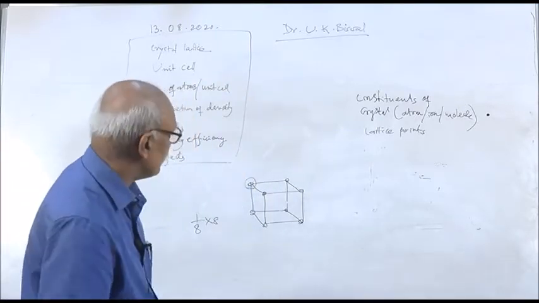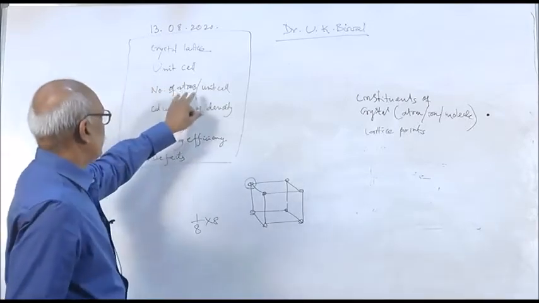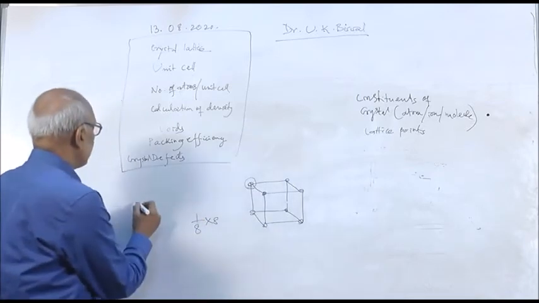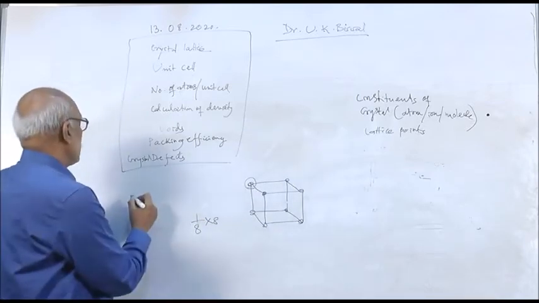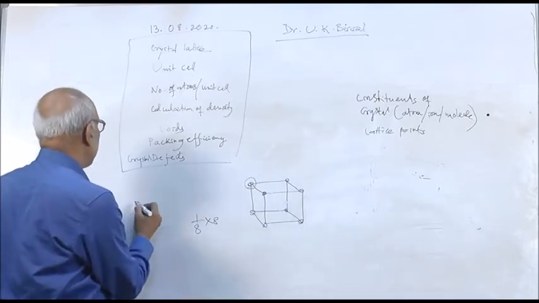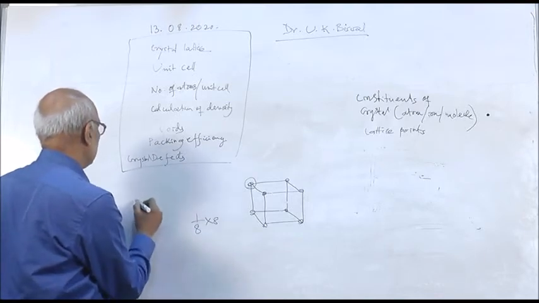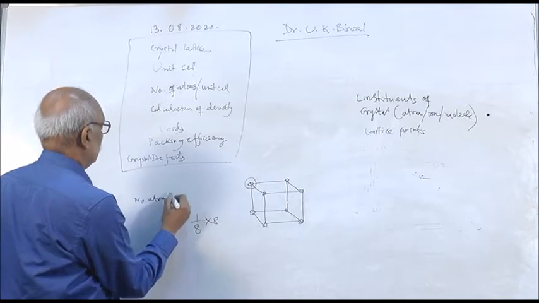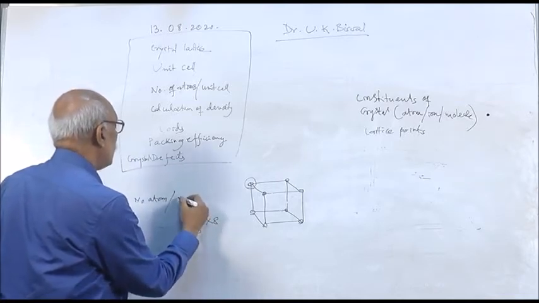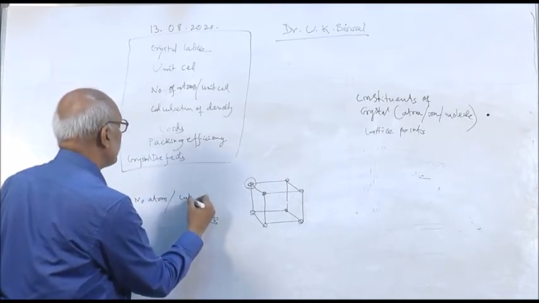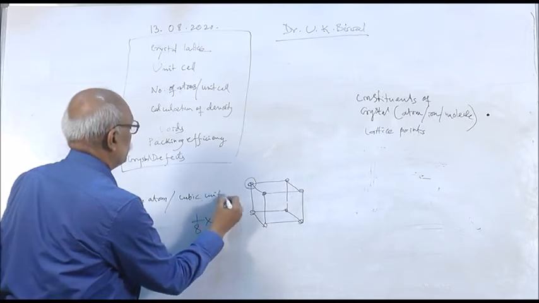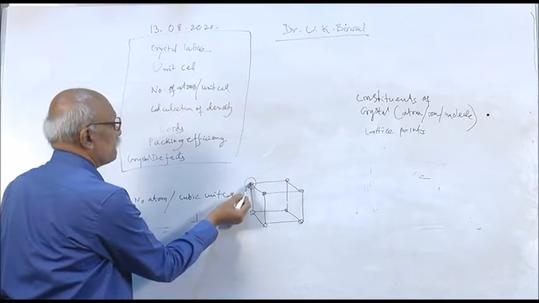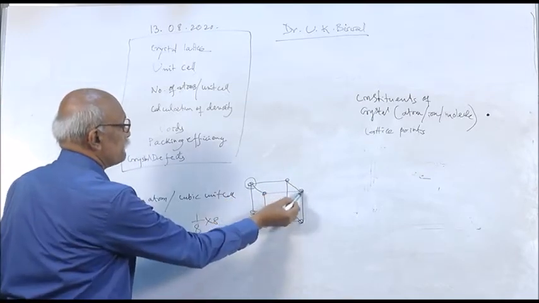So if you are asked how many atoms are in a cubic unit cell, remember this is asked as a 1 mark question. Number of atoms per cubic unit cell is equal to 1 by 8, 1 by 8, 1 by 8, 1 by 8.